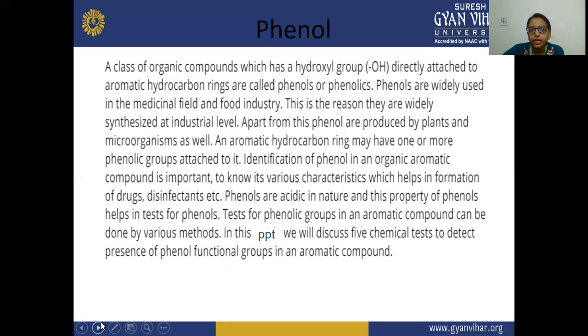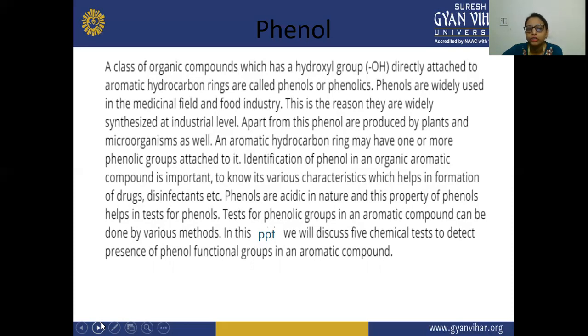And if this hydroxyl group is attached to an aromatic hydrocarbon ring, then it is known as phenol. Both are similar, but the alcohol is when it is attached to a saturated or unsaturated chain, and secondly, if it is attached to an aromatic hydrocarbon ring, then it is known as phenol.